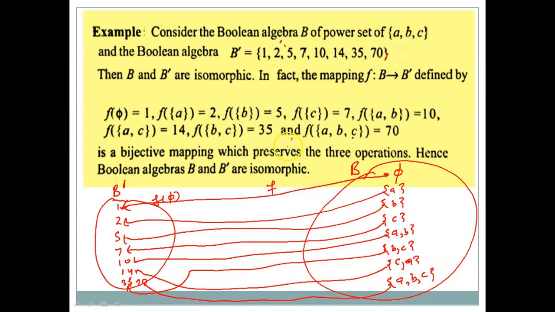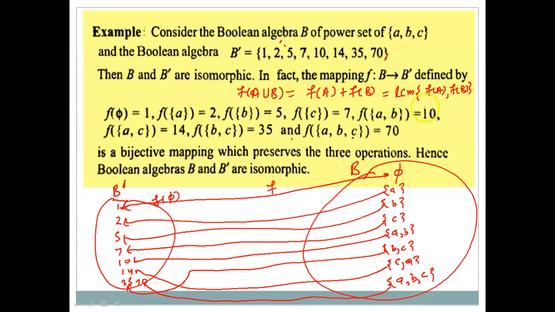And you can also check in here that f of A plus B, meaning A union B, will be equal to f of A plus f of B. This is because f of A is inside B dash, and B dash is the set of these numbers, and the meaning of plus is LCM of f A and f B. For example, f of A means 2 and f of B means 5.